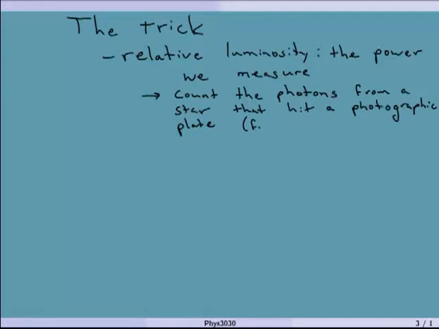So from the telescope. Okay, so you count the number of photons that hit per second, and that tells us the luminosity of the star where we are. Okay, so relative luminosity is easy to measure. We can measure it for every star out there. Easy to measure.